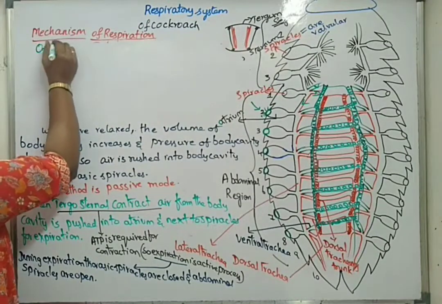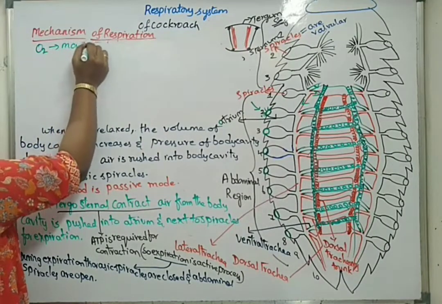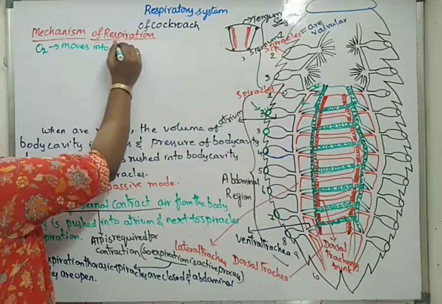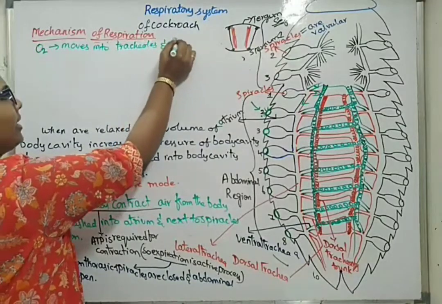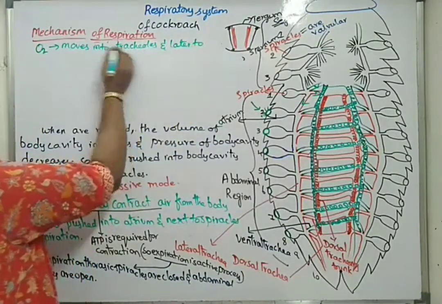So, oxygen moves into tracheoles and later to body parts.